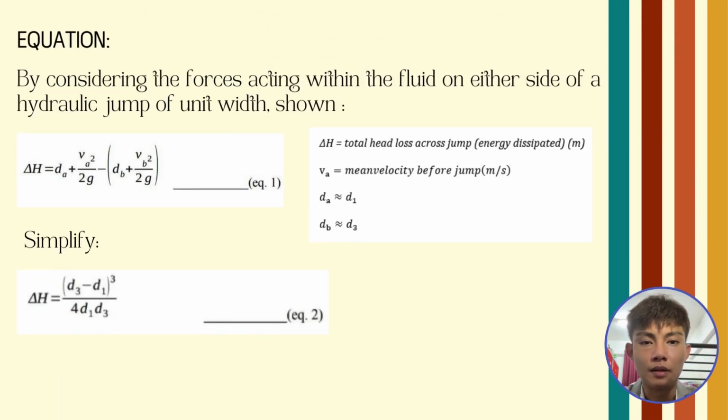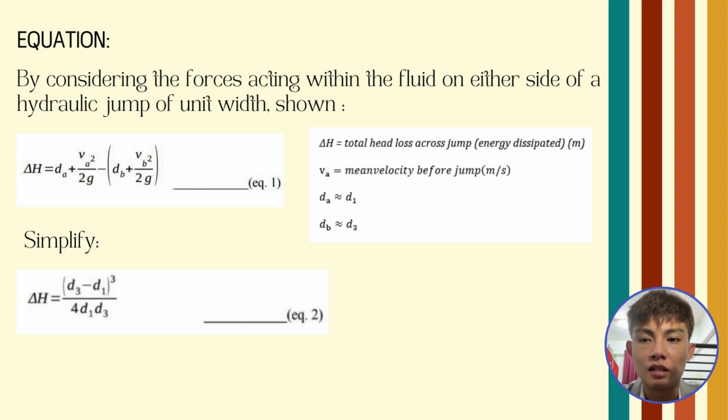So in this lab, the equation is important, and we need to know and understand the application of the equations to solve the problem and do the data analysis. By considering the forces acting within the fluid on either side of a hydraulic jump of unit width, there is one equation we need to know and remember.